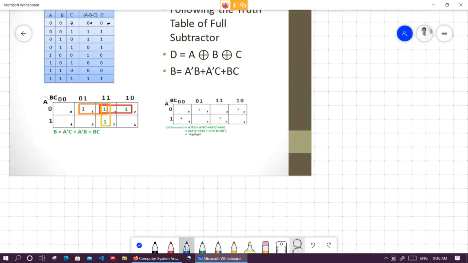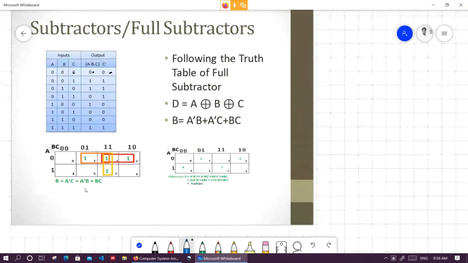So let's see the truth table of this function. Based on the basic subtractions, we have found the truth table of this function. The truth table is something like this. In this case, you are again having the values 1 1 1 1.